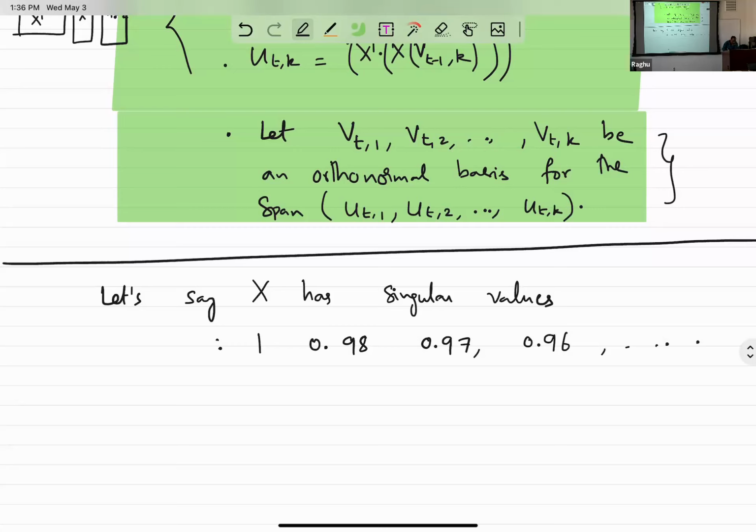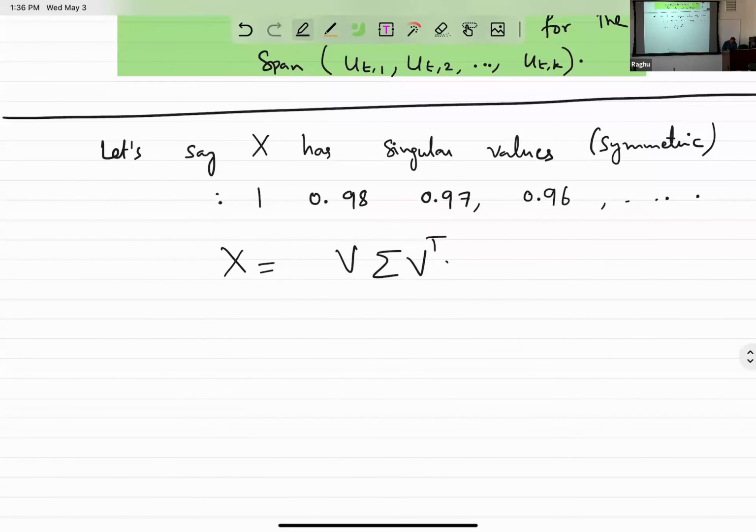And X is symmetric. Let's say we can write it as X is V sigma V transpose, meaning U and V are the same. So the singular value decomposition is extra nice. It's V, and then you have the singular values, which are 1, 0.98, 0.97, and so on.